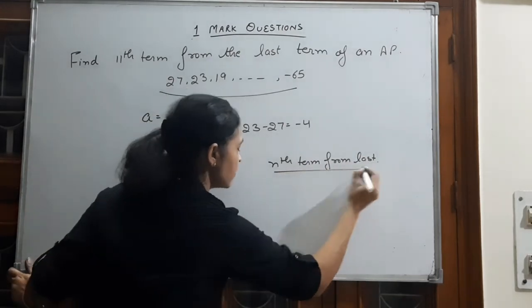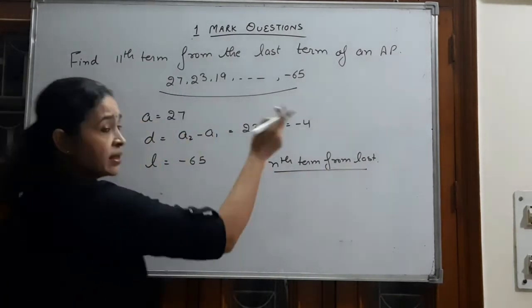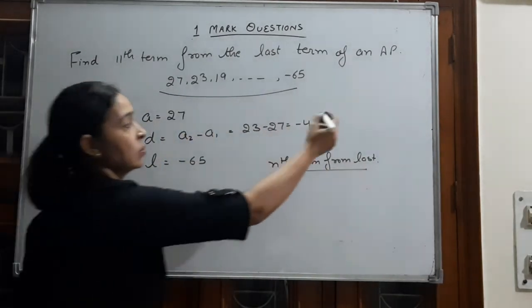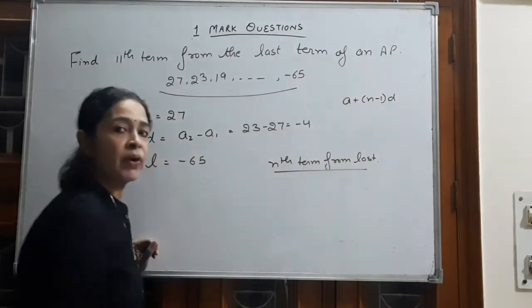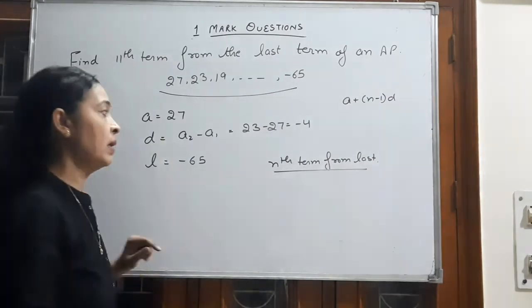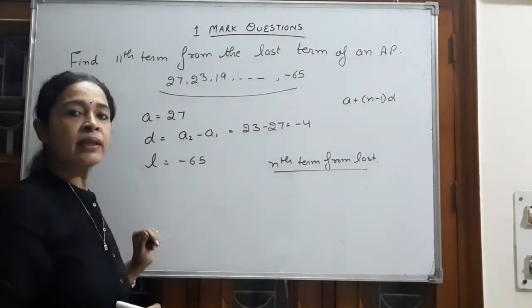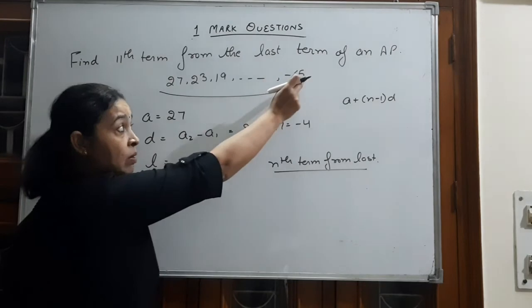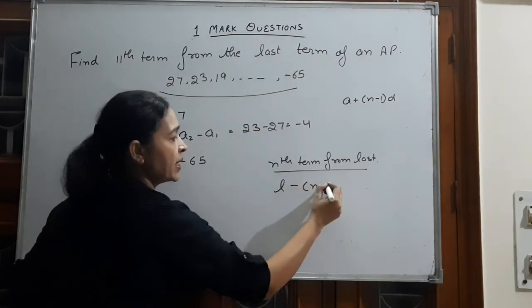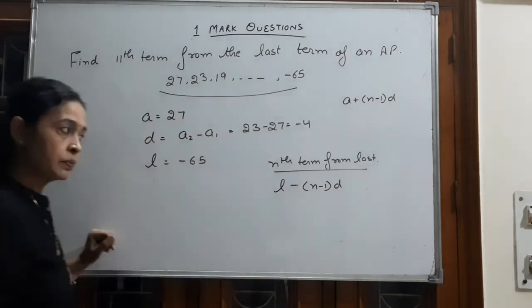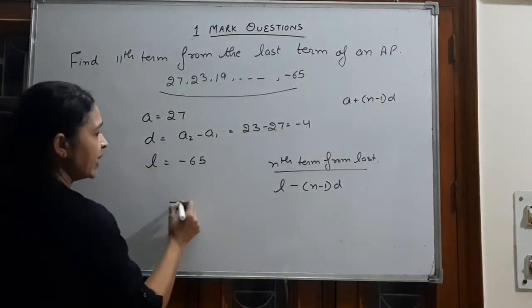The formula for the nth term from the beginning is A plus n minus 1 into D. But if we have to find the nth term from the last, what is the formula? It is L minus n minus 1 into D. Clear? What will we get?